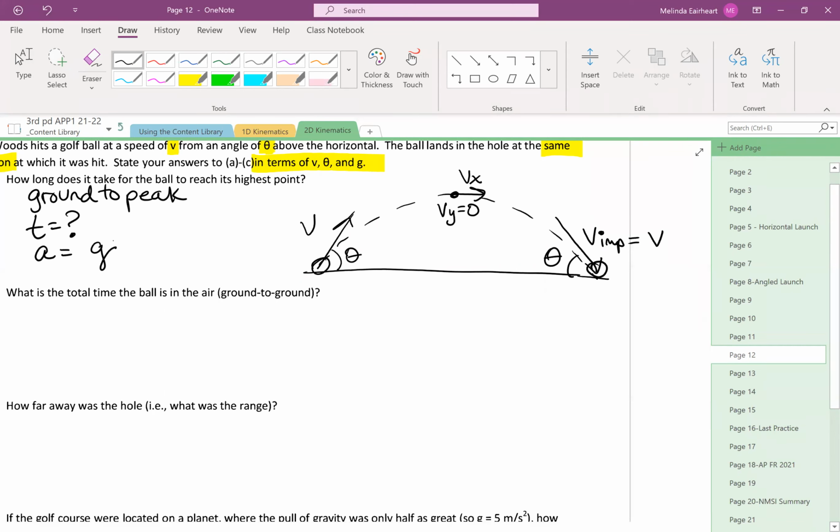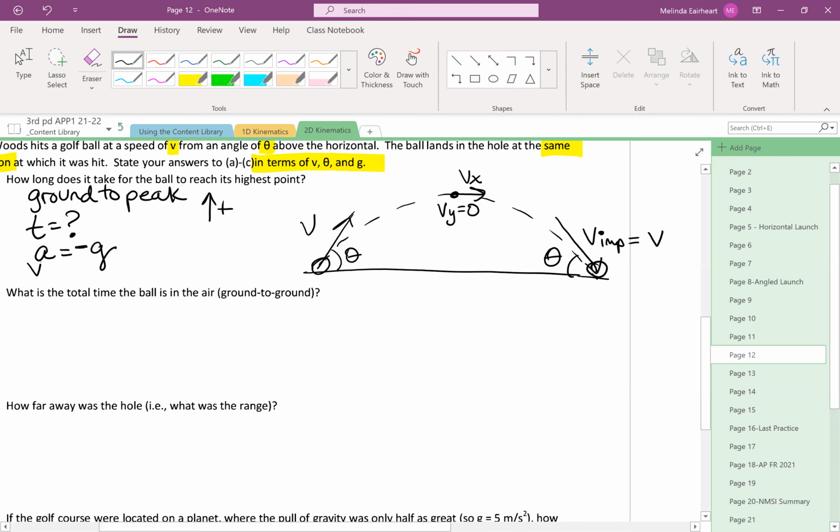Now I do want to appreciate sign convention. And so I'm going to go with up is positive. So I'll make gravity negative. What else do we know? Ground to peak. And would that be the initial or final? It'll be the final if we pause at the peak.